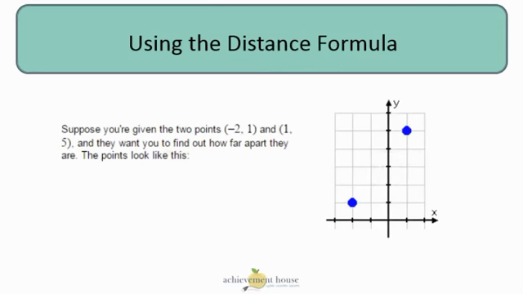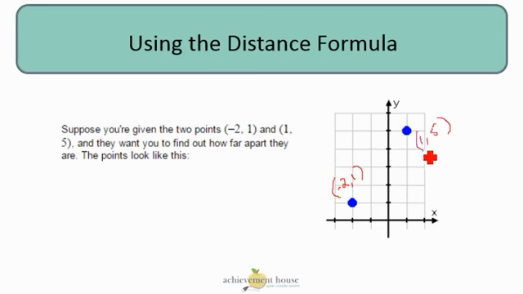Now suppose we have 2 points. Let's say negative 2, 1, which is right here, and 1, 5, which is right here.